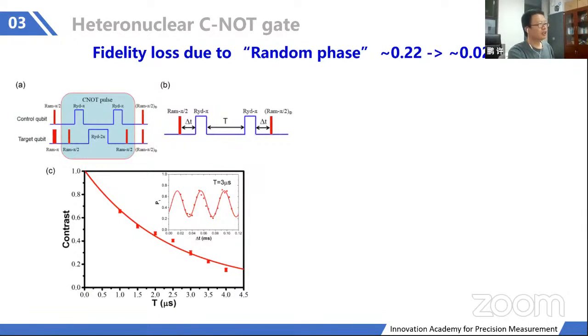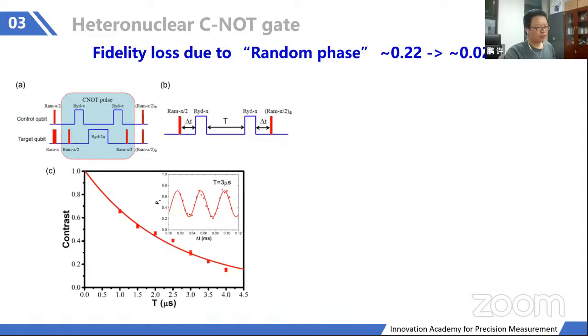And for the fidelity loss due to random phase, we are also doing an experiment to verify this effect. Because as you can see, the control qubit suffers a Rydberg pi pulse and then is de-excited from the Rydberg state. But since the control qubit is in a superposition state, after the first pi pulse, the control atom will be prepared in a superposition of the ground and the Rydberg state.